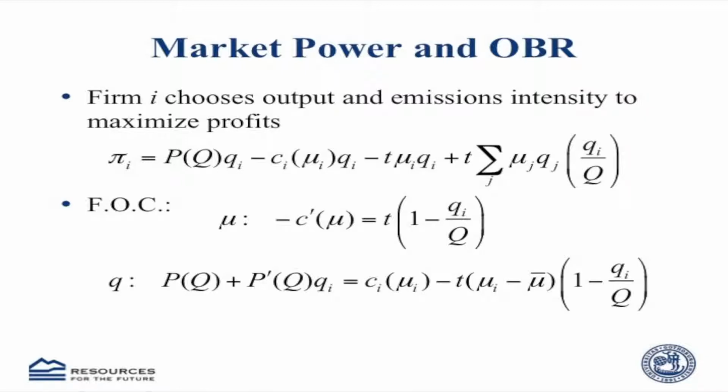So now, suppose you try to do this in a sector with only a few firms, okay? So they have some market power over the price in the product market, but then potentially also in the refunding market.